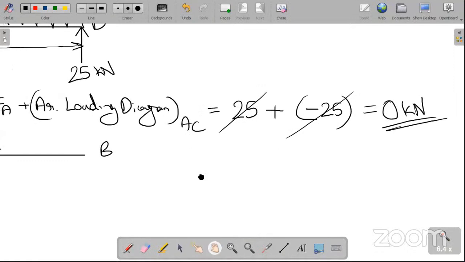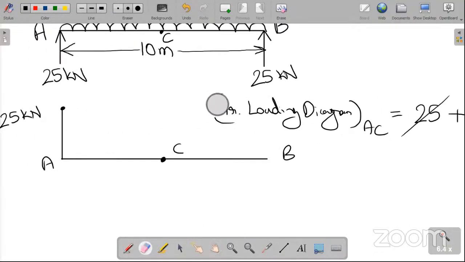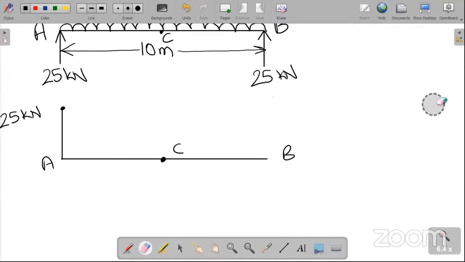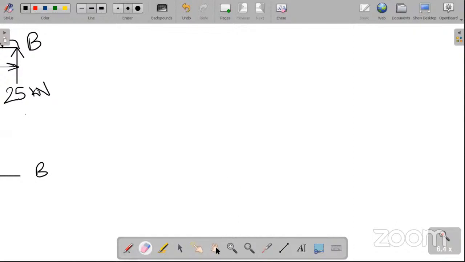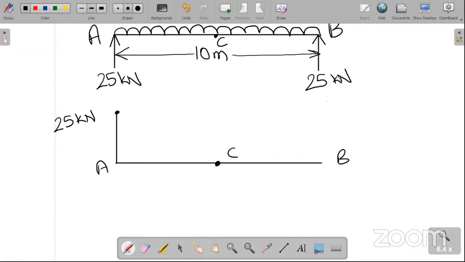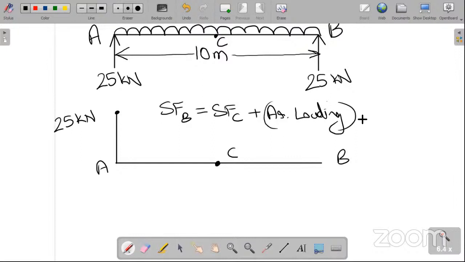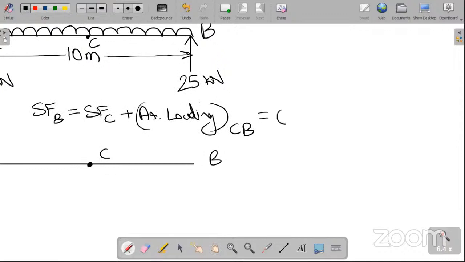Now shear force diagram at B. Let's see what is going to be the shear force at B. So shear force at B will be equal to shear force at C plus area of loading from C to B. Now shear force at C is equal to 0 plus area of loading from C to B. Again, the same thing.